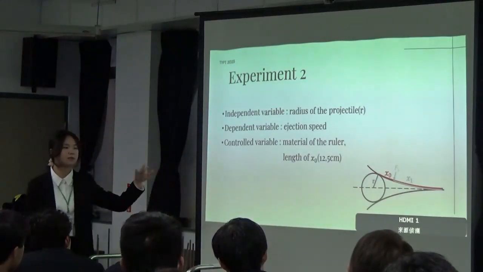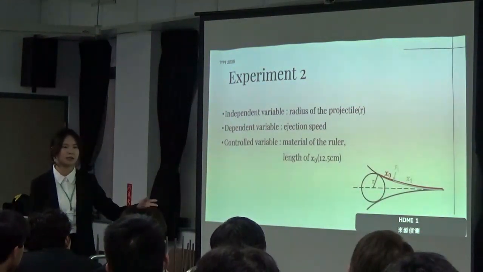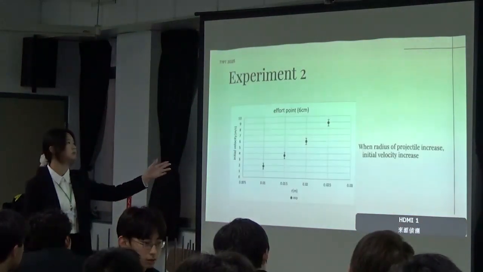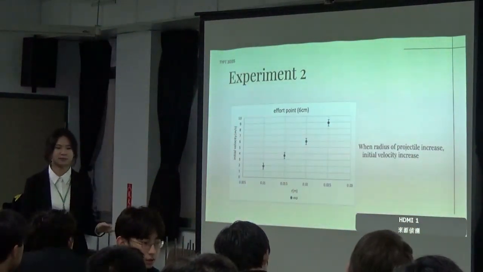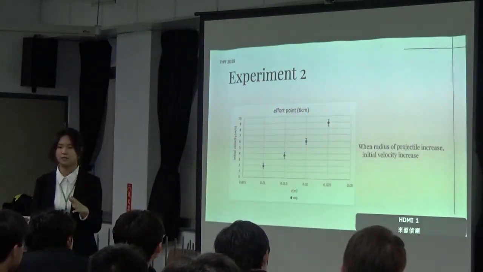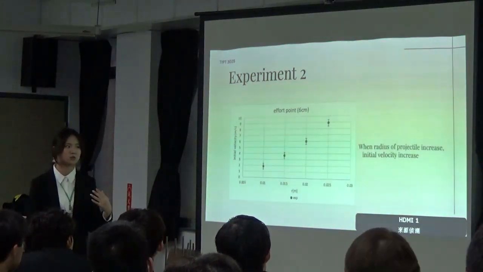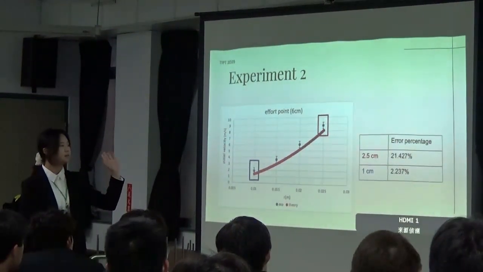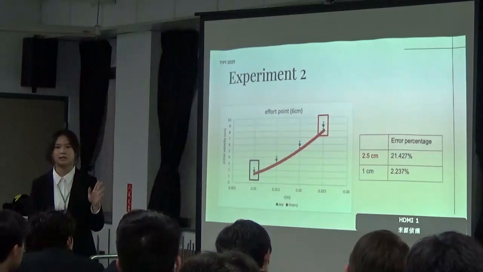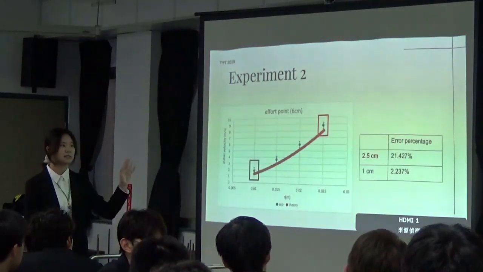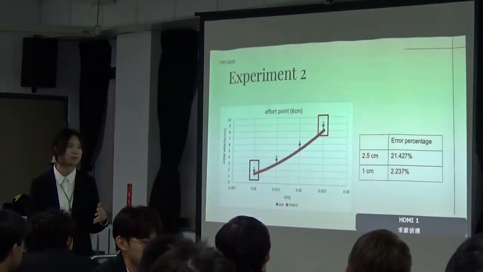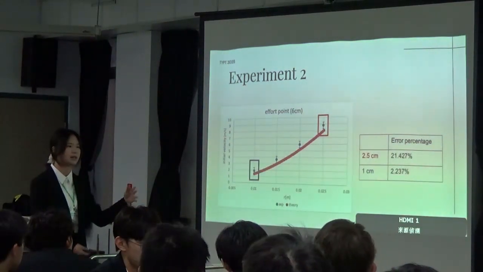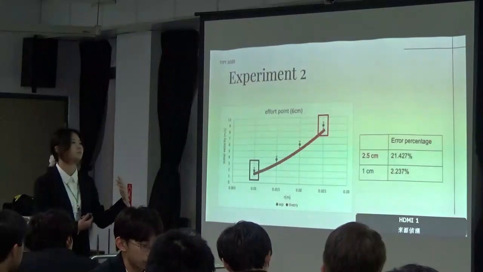And the parameter that also changes is the deflection caused by the changing radius of the projectile. This is my experiment data. We can see that when the radius of the projectile increases, the initial velocity also increases. From the comparison between the experimental data and theoretical data, we can see that when the radius of the projectile increases, the error will also increase. And this I will explain in my discussion 2.